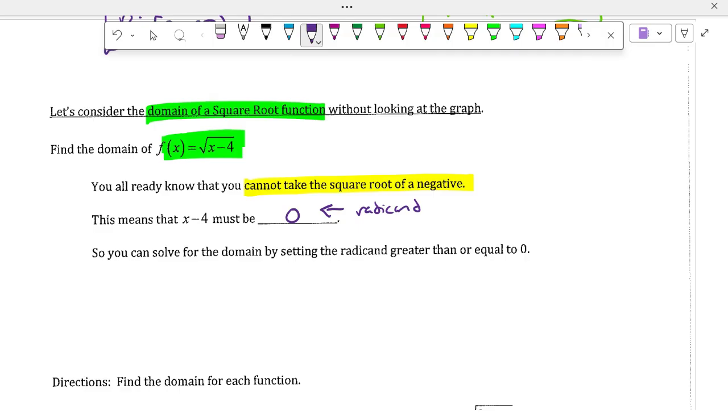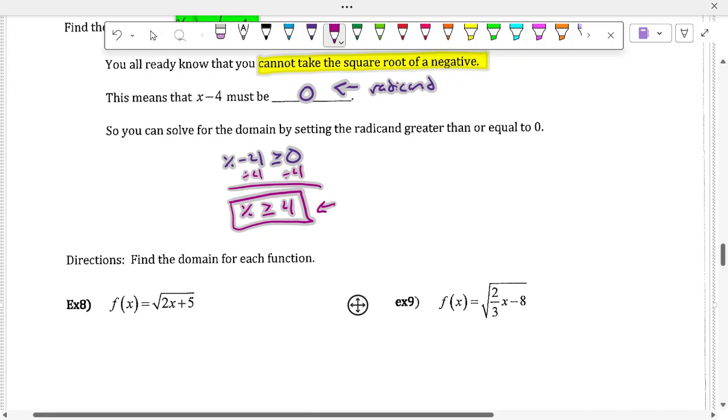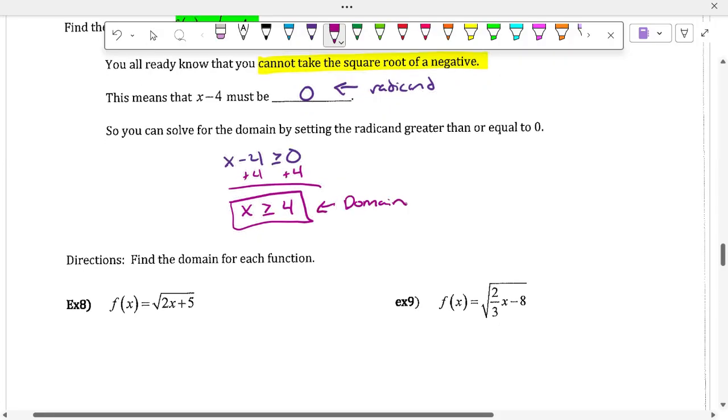If we set whatever's under the radical equal to 0 and solve, we get our lowest value of the domain, because our domain has to be greater than or equal to 0. So if I solve, I add 4 to both sides. So x has to be greater than or equal to, not 0, Lord, 4. And that right there would be our domain for that function.